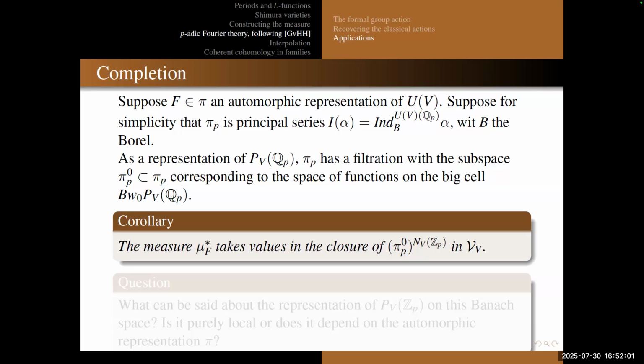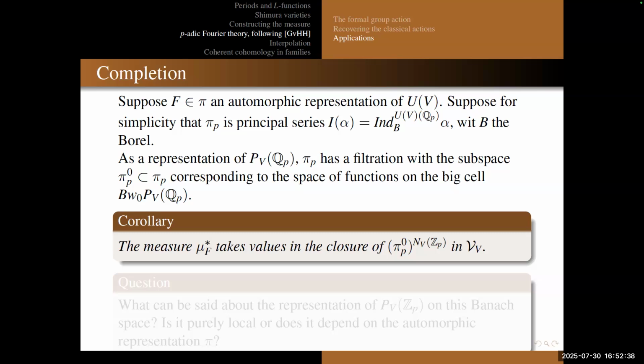We look at the Bruhat decomposition, or the partial Bruhat decomposition, functions that translate on the left under B by the character alpha, and then you write G(Q_p) as the union over certain elements of the Weyl group of B times W times P_V. And there's one space of functions which is a subspace, namely the ones that are supported on the big cell.